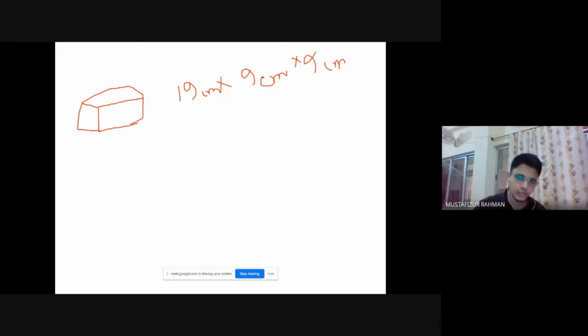If we are doing masonry work, we have to apply mortar on the brick, right? So after application of mortar, the size becomes 20 centimeter, 10 centimeter and 10 centimeter. Fine.